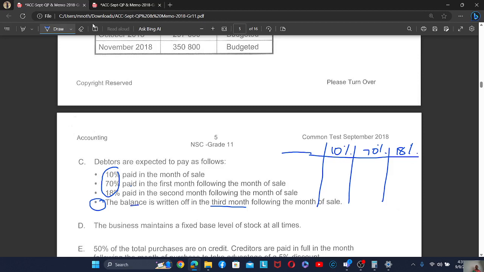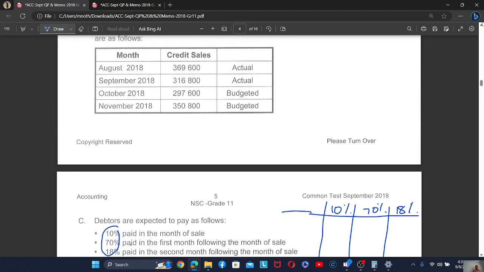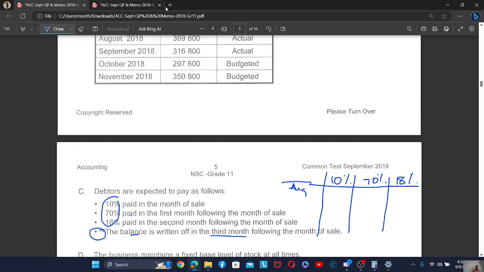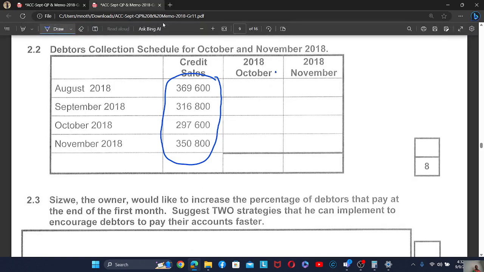So let's look at the months that we are given. It's August. Remember the months that we are doing are October and November.